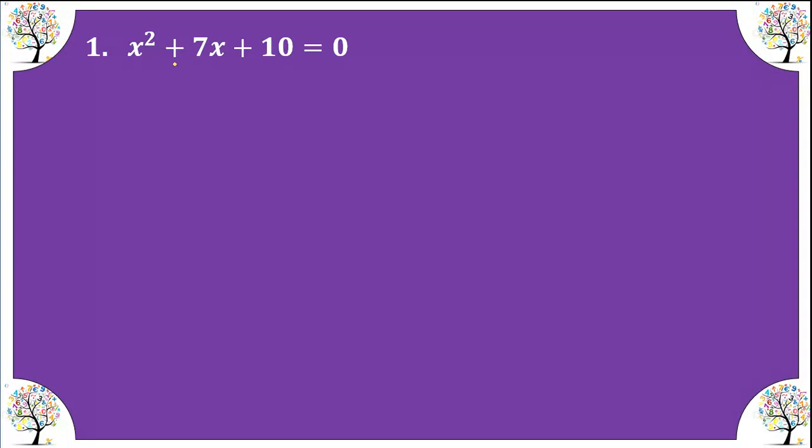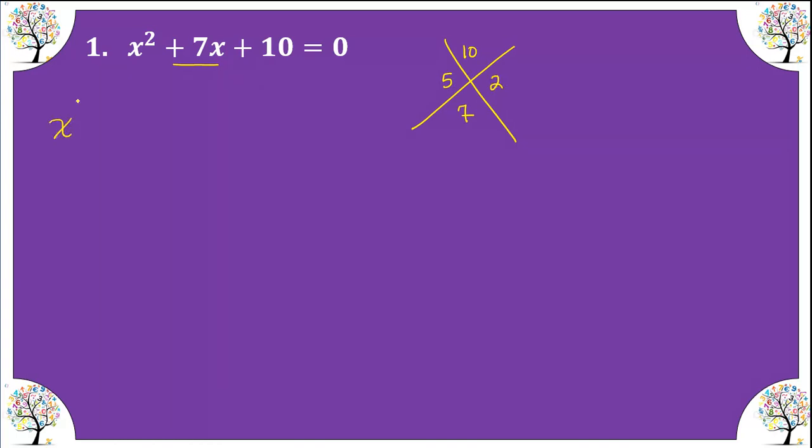So we need to rewrite our equation with 4 terms. I'm still going to use my graphic organizer, and I'm going to say A times C is 10 and B is 7. The two values that multiply to give 10 and add to 7 are 5 and 2.